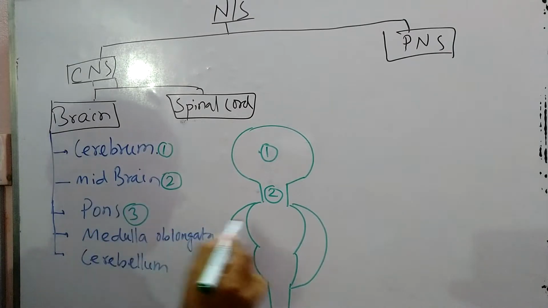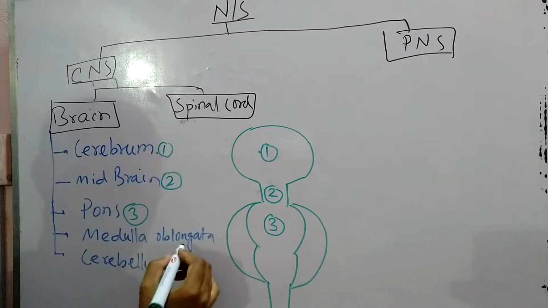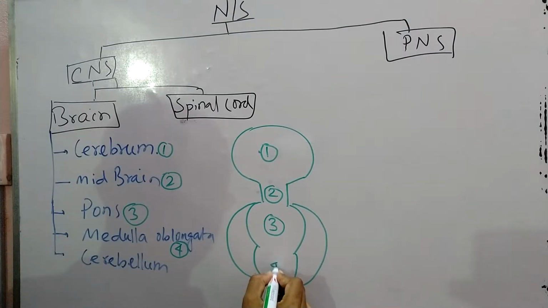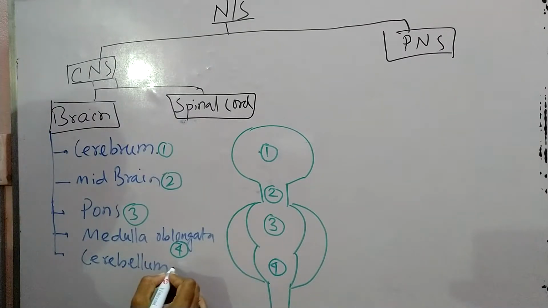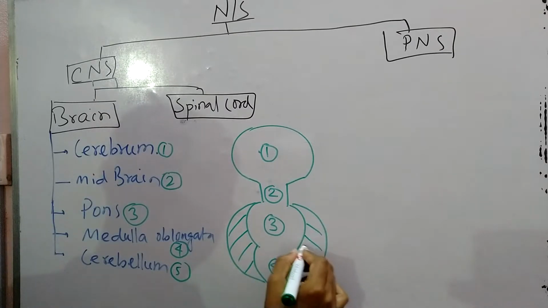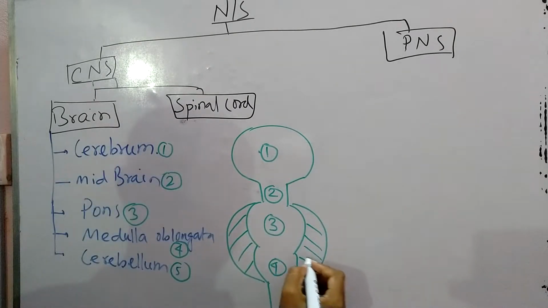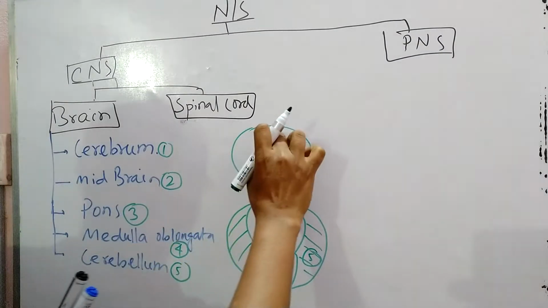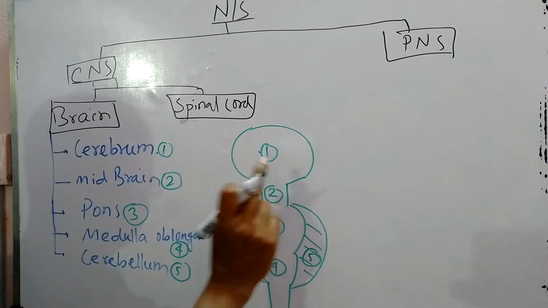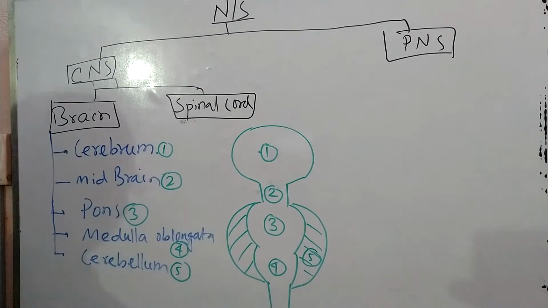Pons, number three. Number four, medulla oblongata. And the cerebellum, number five, which is placed posteriorly. So from top to bottom: cerebrum, midbrain, pons, medulla oblongata, and behind the pons and medulla oblongata there is cerebellum.